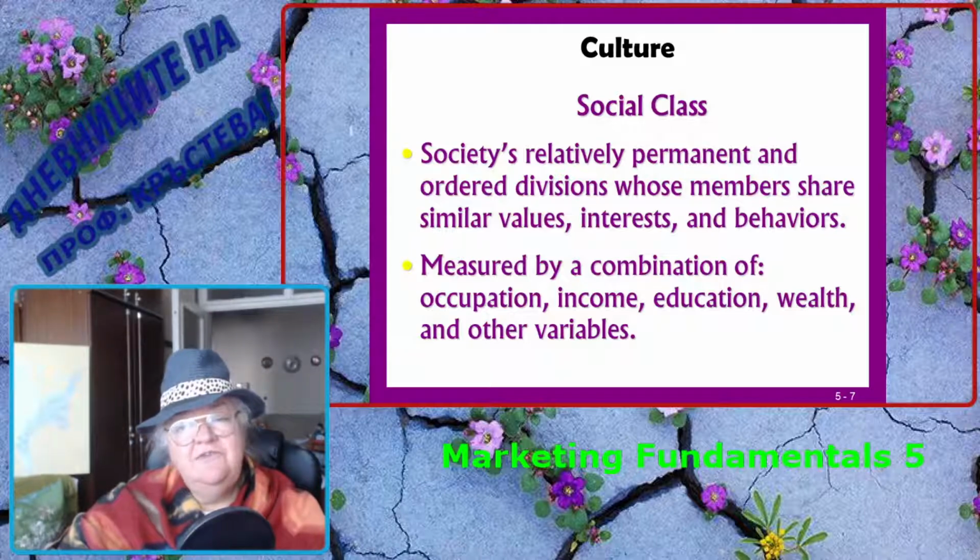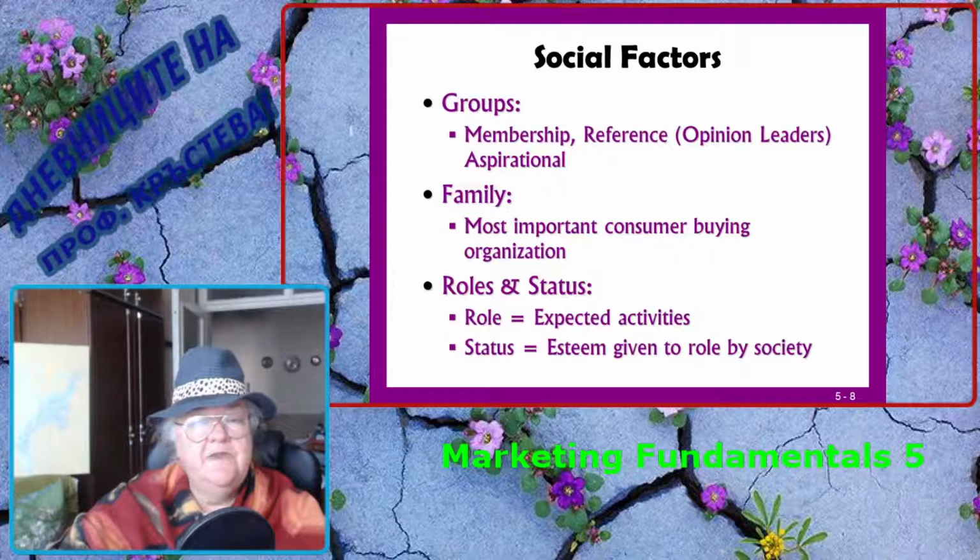Societies have relatively permanent and ordered divisions whose members share similar values, interests, and behaviors. They are measured by a combination of occupation, income, education, wealth, and other variables. There are some main social factors, like groups, meaning membership, reference, opinion leaders, and aspirational.